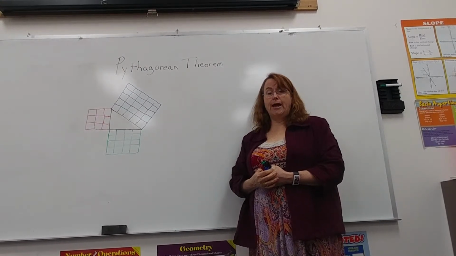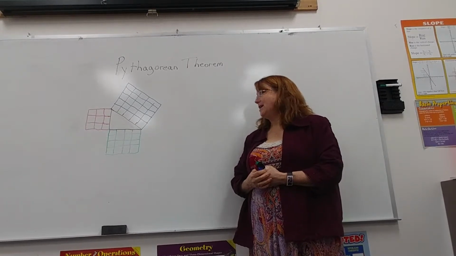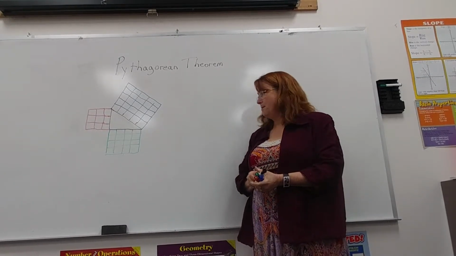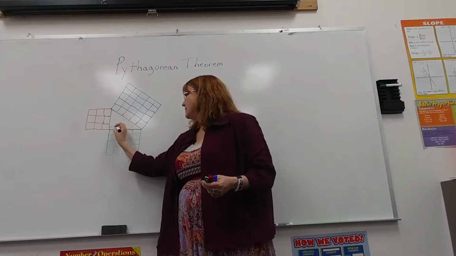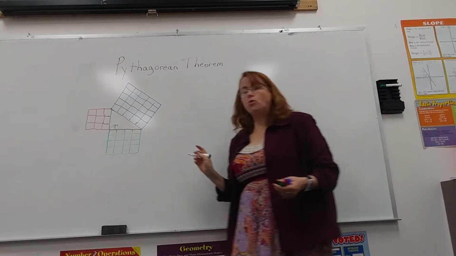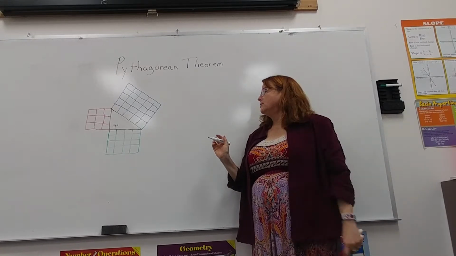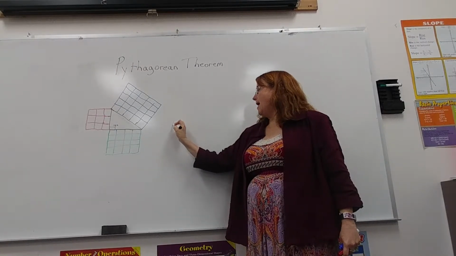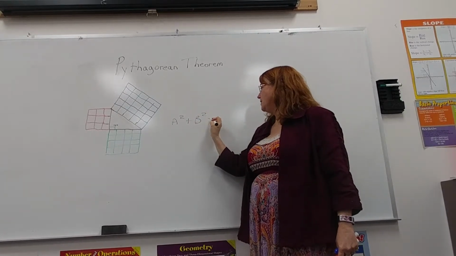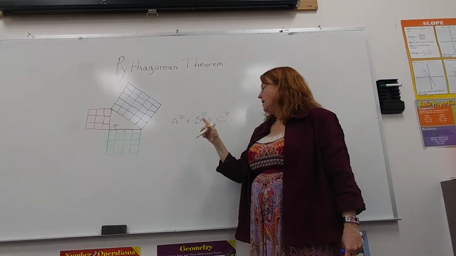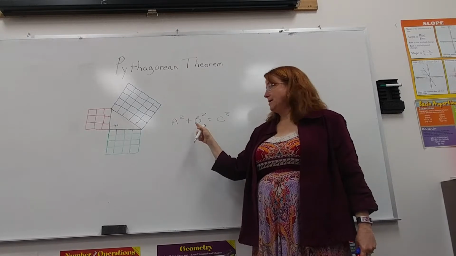So if you are finding the missing side of a right triangle, and remember, a right triangle means that this is 90 degrees. Doesn't work on other triangles. So it says that a squared plus b squared equals c squared. A and b are the legs.